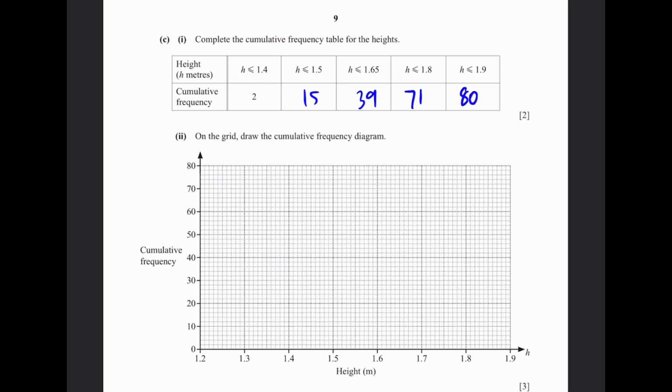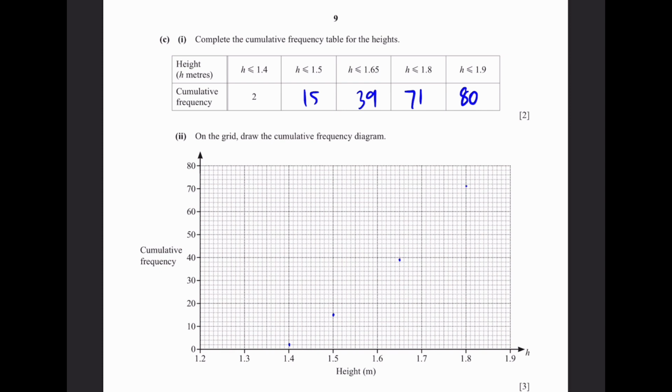Part 2, on the grid, draw the cumulative frequency diagram. So h less than or equal to 1.4, that's 2. So you can go over there. And then h less than or equal to 1.5 is 15 over here. 1.65, 39 up there. 1.8, 71, like this.